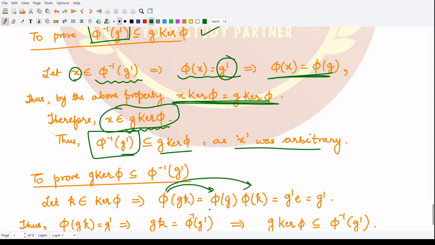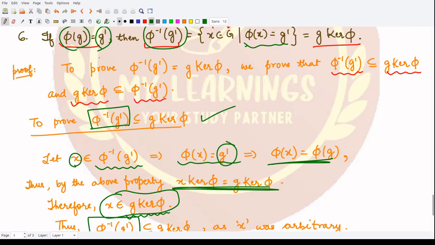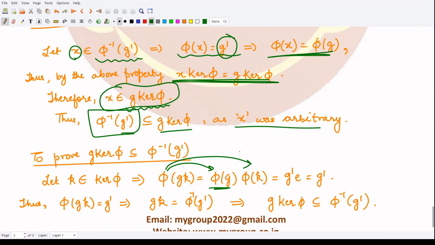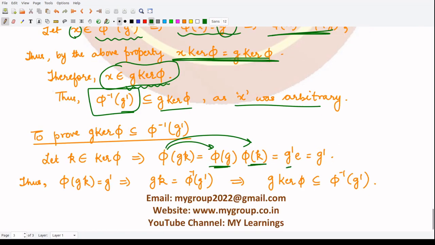And what is phi of g? By the assumption, phi of g is equal to G dash. And what is phi of k? k is present in kernel phi, so phi of k is equal to e. So we have e here, and G dash e is equal to G dash. So from here you get phi of gk is equal to G dash.